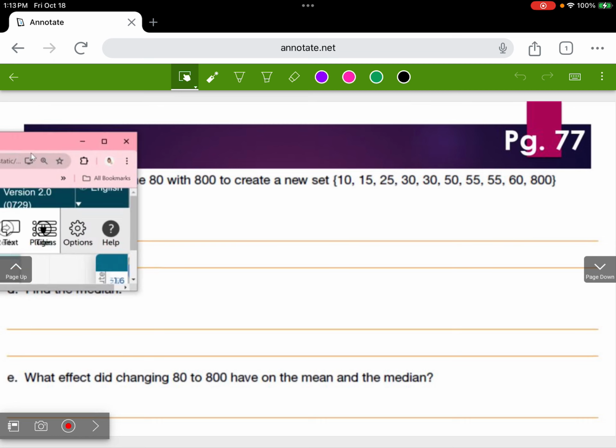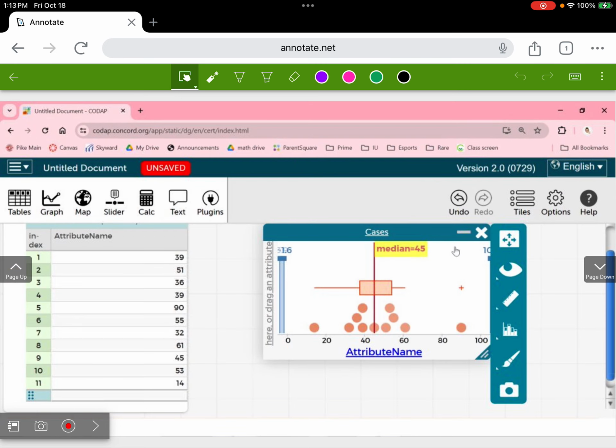There we go. So what this shows us is this outlier of 90. I was trying to get it to do a thing, but it wasn't letting us. So it missed a thing on me, but that's okay.